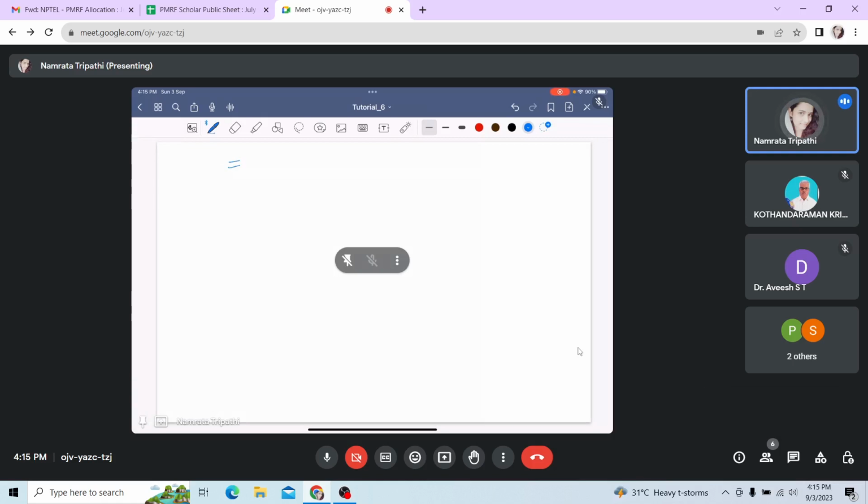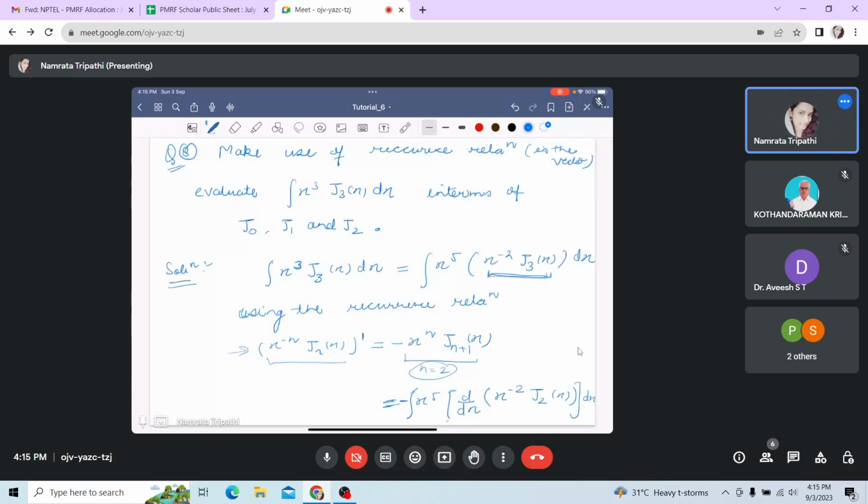Tell me the integration of this term. You can let this is first, this is second, and you can simply integrate. Tell me the expression after integration.